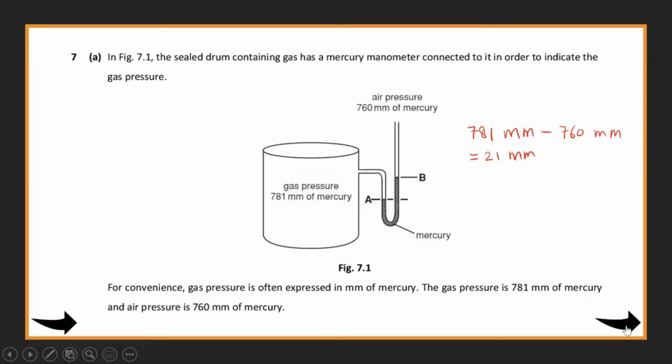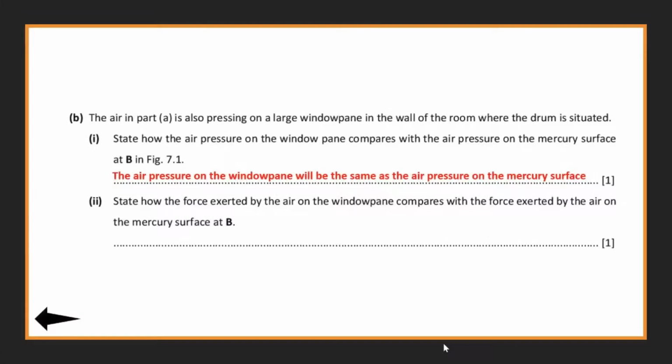Now let's go back to the question. State how the force exerted. Remember this formula: pressure equals force over area. We can modify the equation into force equals pressure times area. Both the window pane and the mercury surface at B experience the same amount of air pressure. We know that from the previous question.